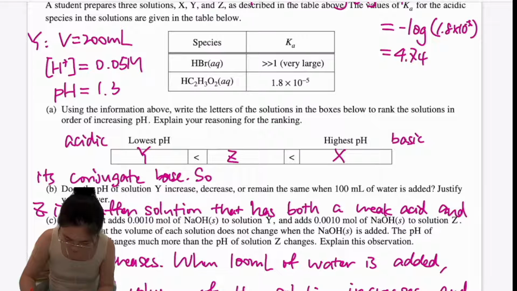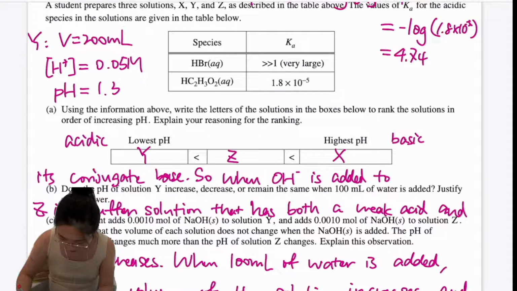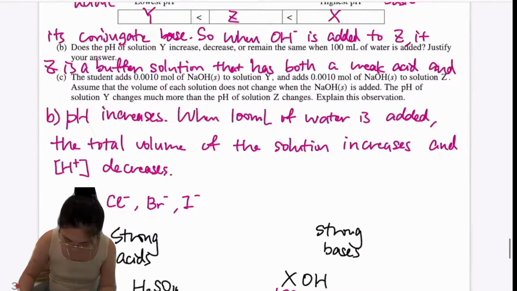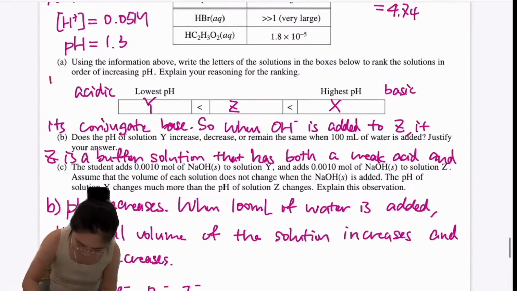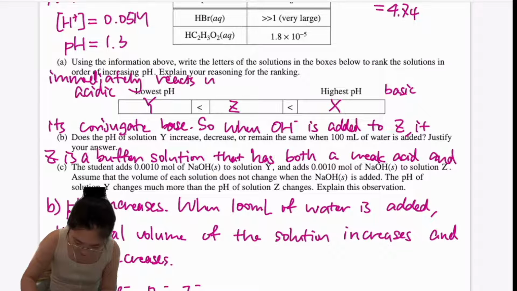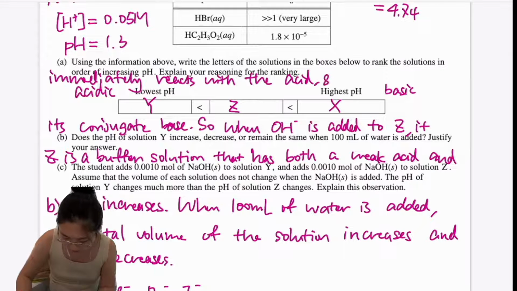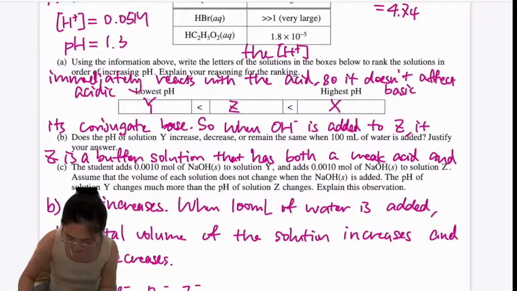So when hydroxide is added to solution Z, it immediately reacts with the weak acid in the buffer solution, so it doesn't affect the concentration of the protons as much as in solution Y.